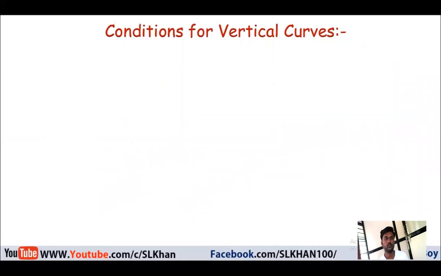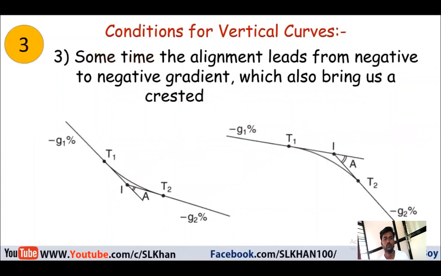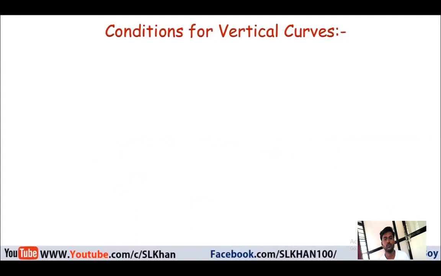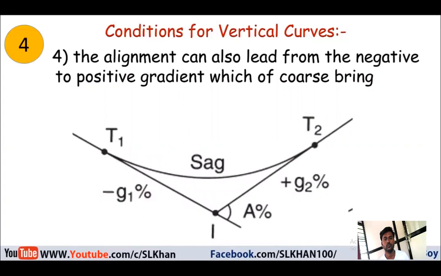Sometimes the alignment goes from a negative to a negative gradient, which also gives a crest type curve. And finally, the alignment can also go from a negative to a positive gradient, which gives a sag type curve.